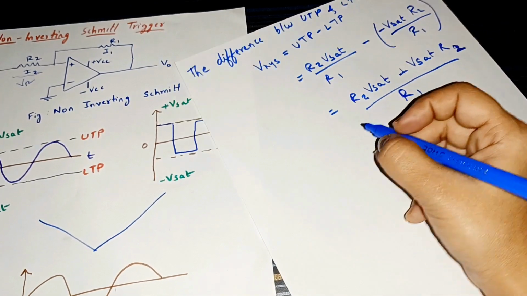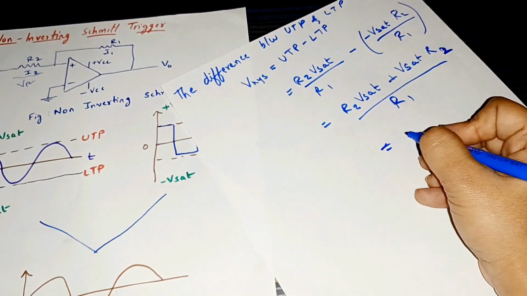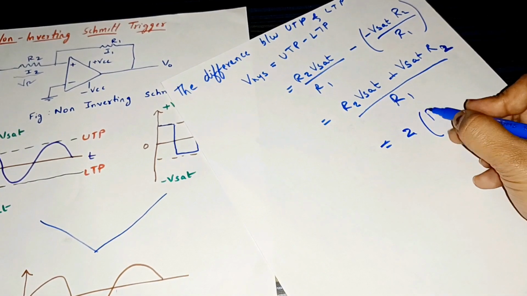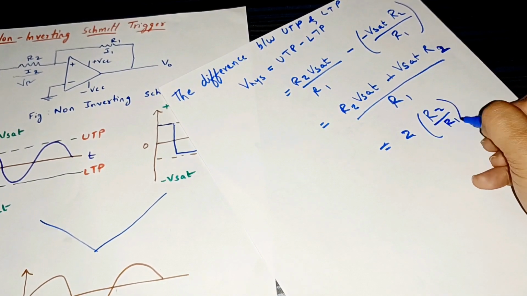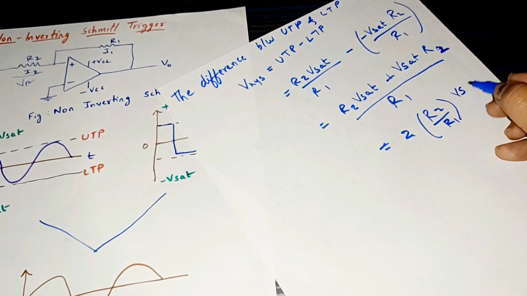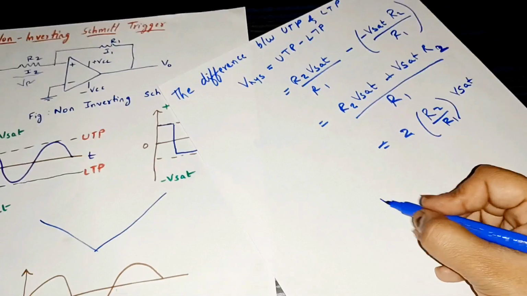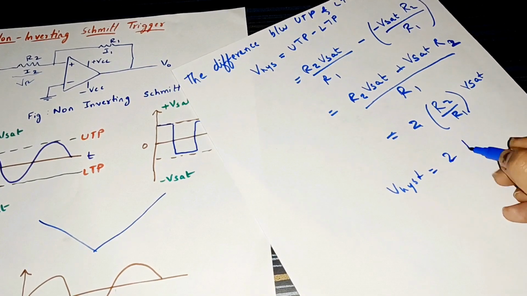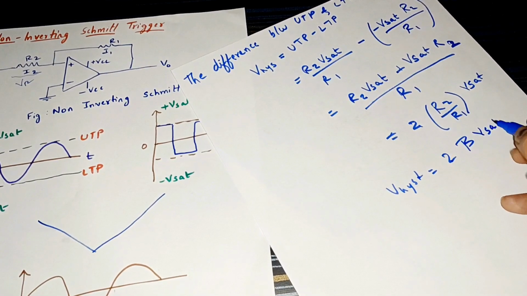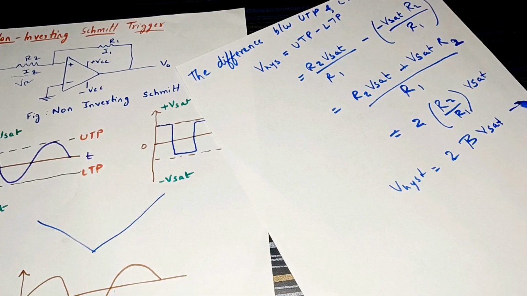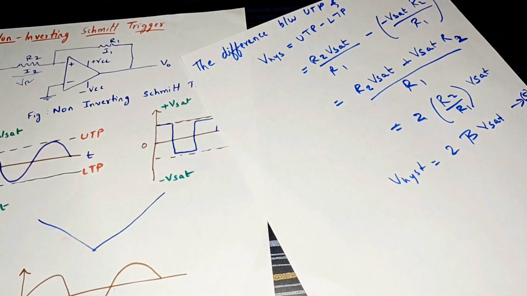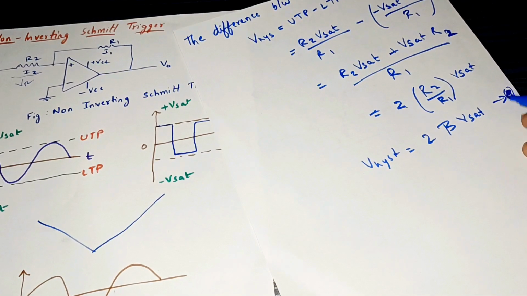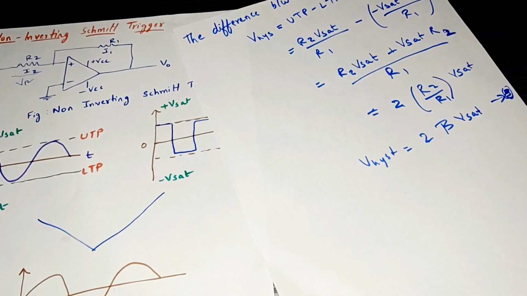Yes, we get 2 R2 divided by R1 into Vsat. So V hysteresis is equal to 2 beta Vsat. This is equation 5.